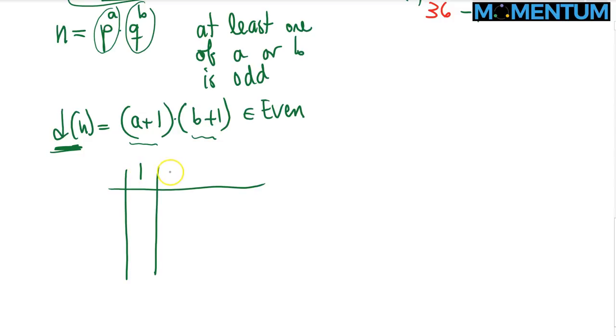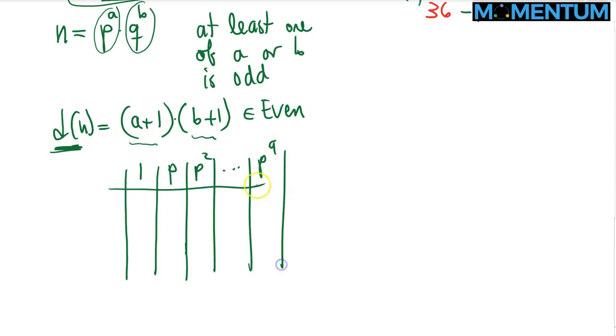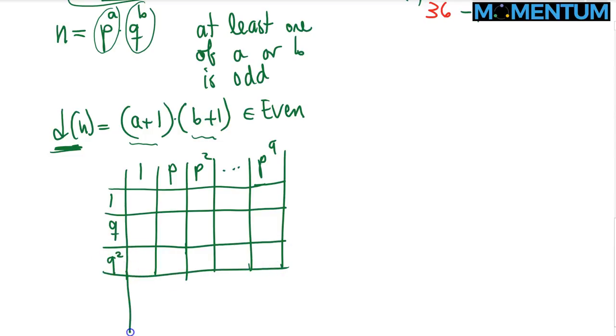Let's put the powers of p first: 1, p, p squared, and so on, all the way up to p to the power a. Similarly, 1, q, q squared, and so on, all the way up to q to the power b.